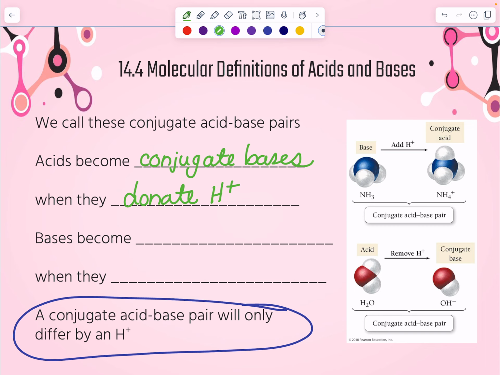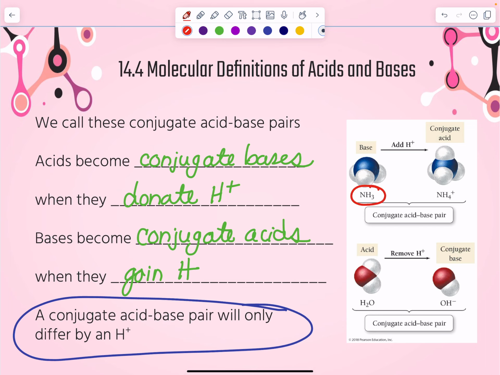And then bases become conjugate acids when they gain a hydrogen, right? So that's why they only differ by 1 hydrogen. So you can see here was the base. Here was the base. It became the conjugate acid when it gained a hydrogen. Here's water acting as an acid. It became a conjugate base after it donated its hydrogen.